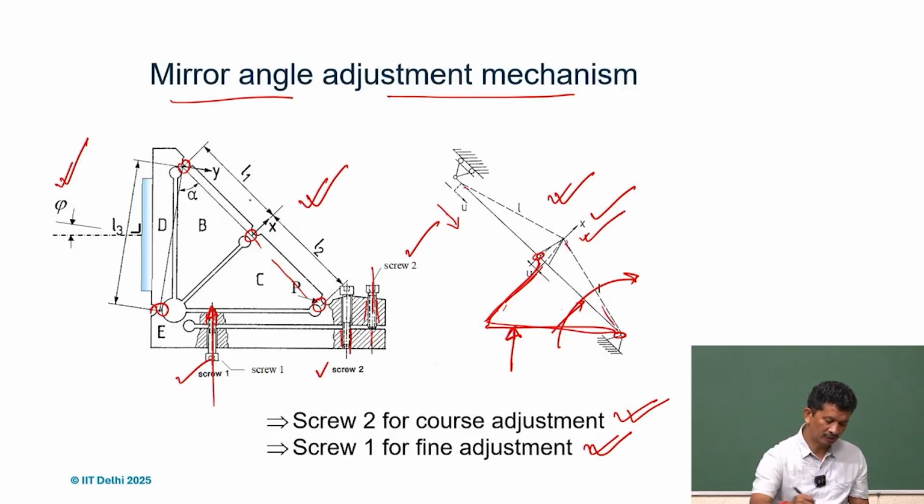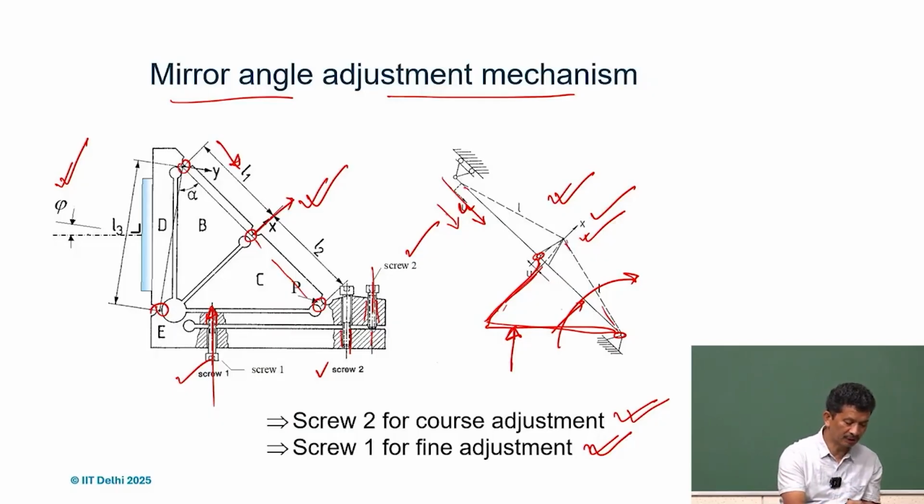You can think of a slider mechanism, and then this simply moves in this direction, u. It pulls because it's going in this direction, so this will get pulled, and because of that, at this point you will have the rotation.